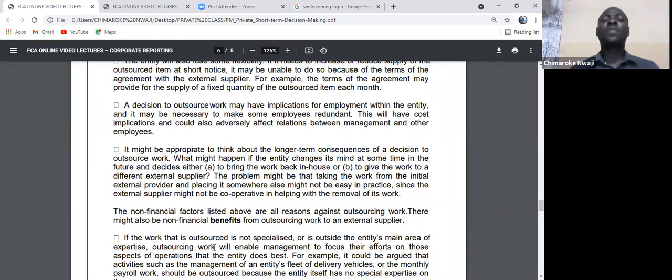And what if it decides that, okay, I don't need this supplier, I want to give the work to a different supplier? The problem might be that taking the work from the initial external provider and placing it somewhere else may not be easy in practice, since the external supplier might not be cooperative in helping you to remove the work you've given to him.